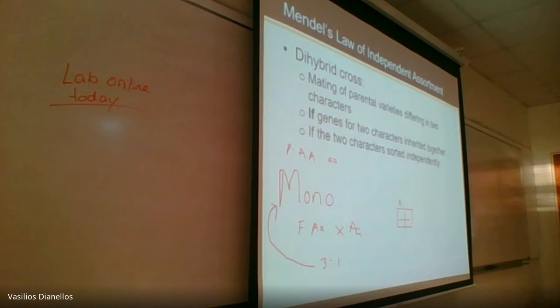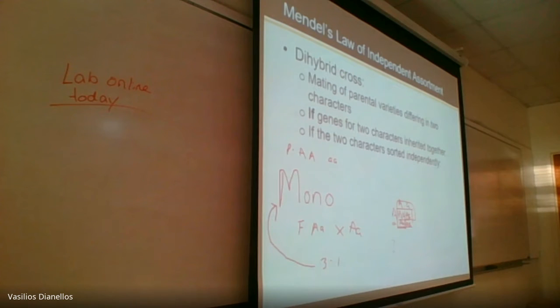Big A, little a, big A, little a. Again, we're crossing two heterozygotes. That's a big A, big A. That's a big A, little a. It's really hard to draw here. That's another big A, little a, and then that's a little a, little a. So what I mean by a 3-to-1 ratio is that these three all have the dominant phenotype.